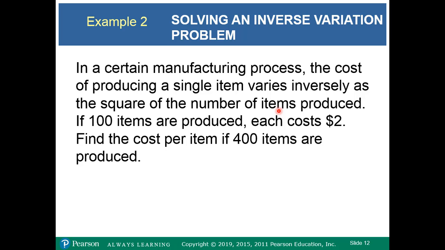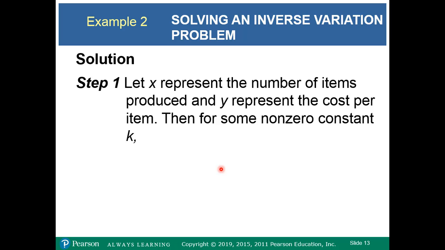So y is the cost, or we could use c, where x represents the number of items produced, y represents cost per item, and k is going to be our non-zero constant.